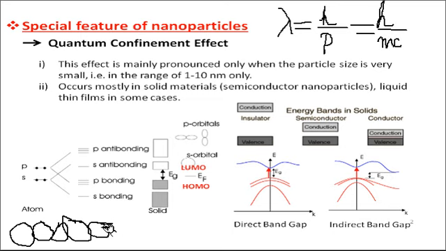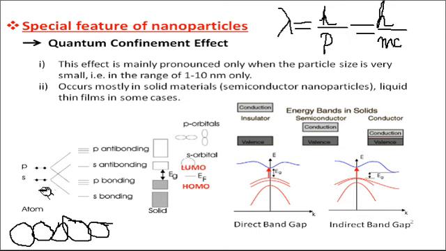Such a bonding structure is just similar to the molecular orbital. You may have heard about the molecular orbital theory during your 10+2 or maybe during your 9 and 10 session, right? So this orbital diagram is just similar to the molecular orbital diagram.